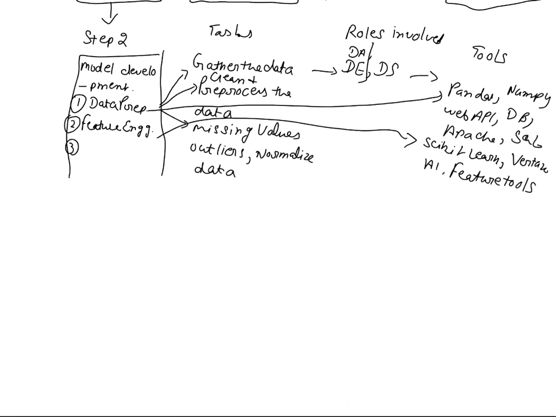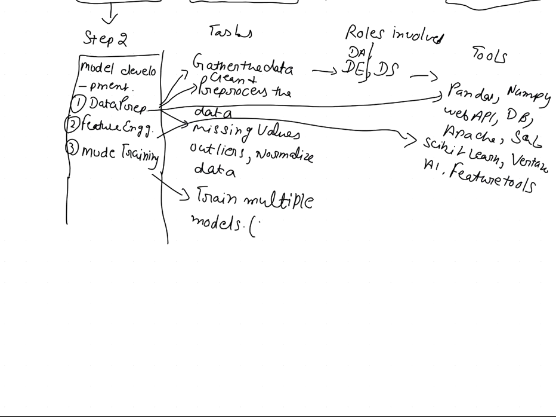Now we will talk about the third part of this process, model training. Okay, this is also very important. In this, I will write down the task here. So in the model training, you will train multiple models. Okay, maybe a single model, it depends upon your requirement.